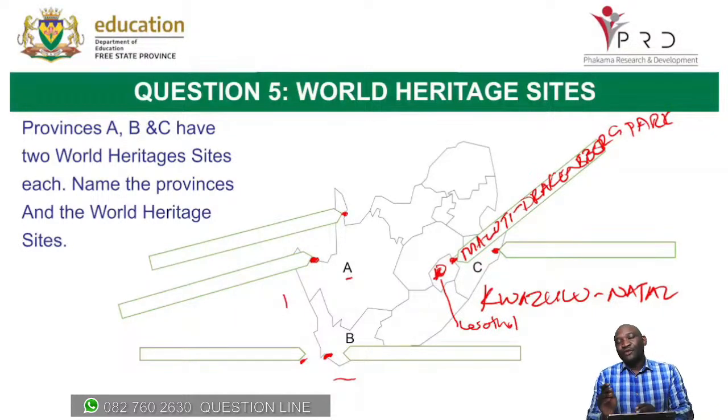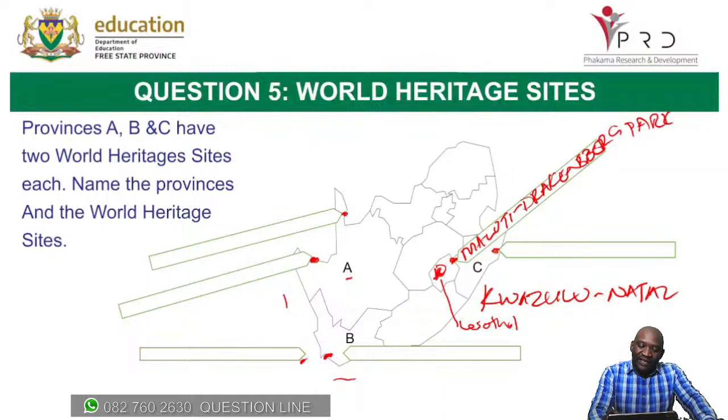Right, excellent. So this is a World Heritage Site which is closer to a country of Lesotho because it's a mountainous area. Maluti Mountains in Lesotho, I beg your pardon. And then we also have the Drakensberg Mountains on the side of South Africa.